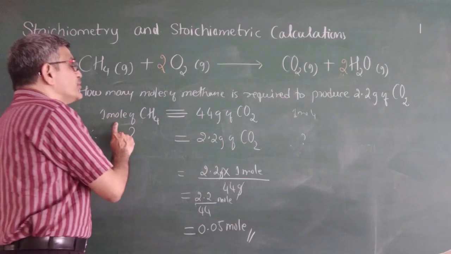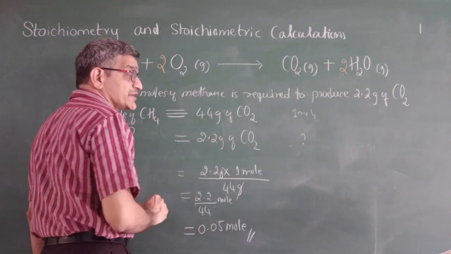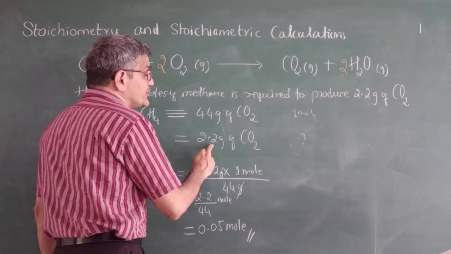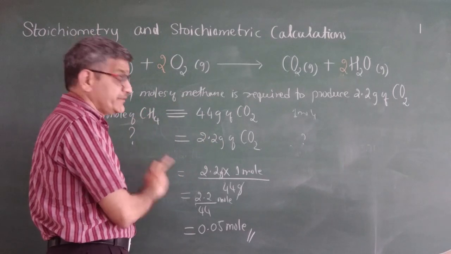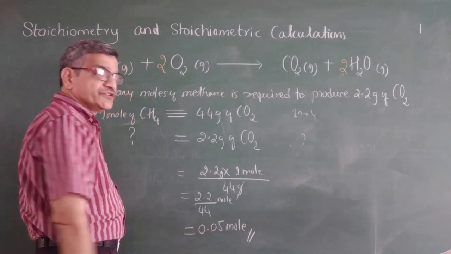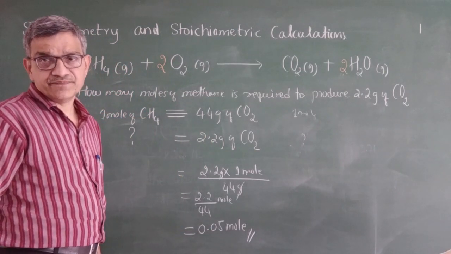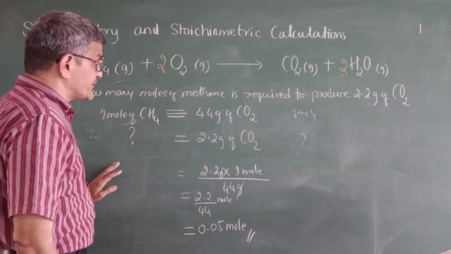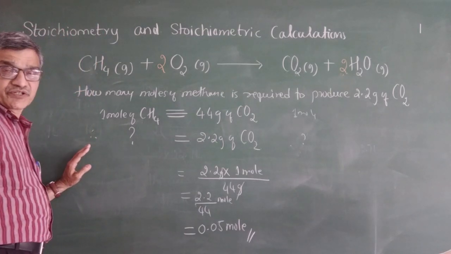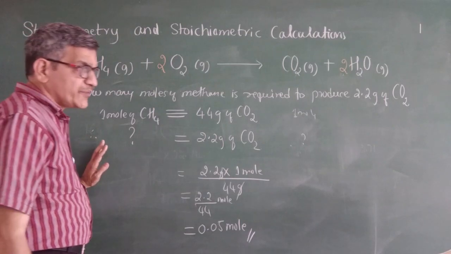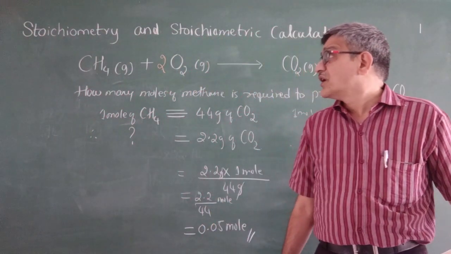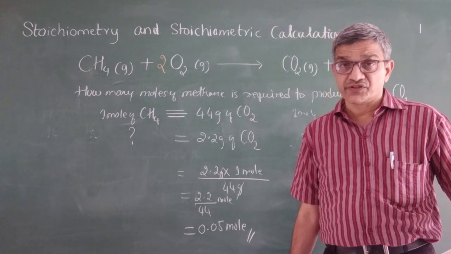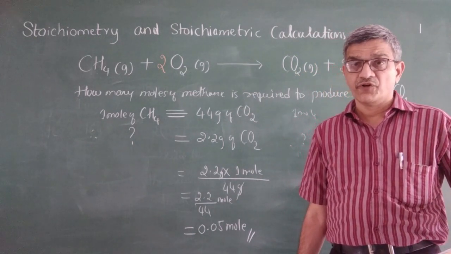So 1 mole gives 44 gram of carbon dioxide; to get 2.2 gram of carbon dioxide, how many moles of methane should there be? 0.05 moles is required. So this is known as a stoichiometric calculation. It has a lot of application and use in industry. So this is about stoichiometry and stoichiometric calculation. Okay, I hope you all follow this.